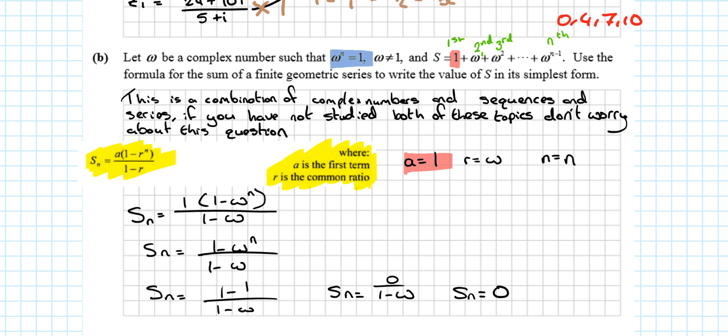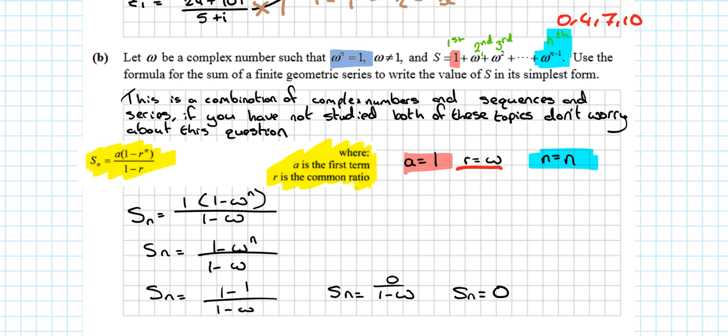So if this is n minus 1, this is going to be the nth term. So that tells you how many terms there are as well. There are n terms, and then the common ratio is r, but in this case it's going to be omega.